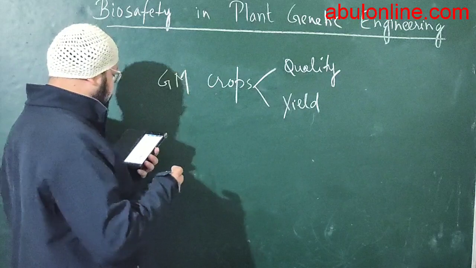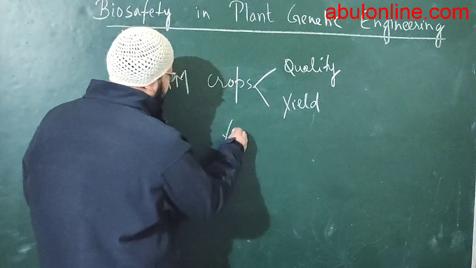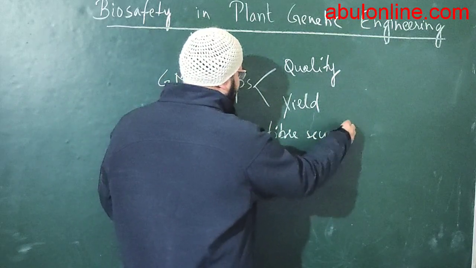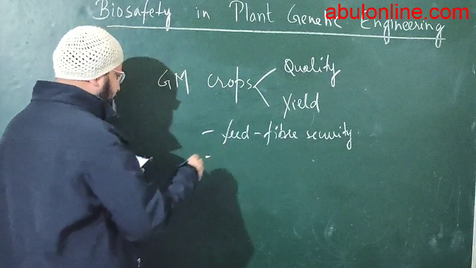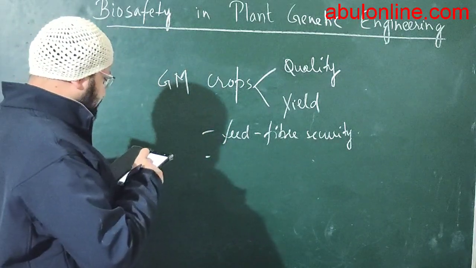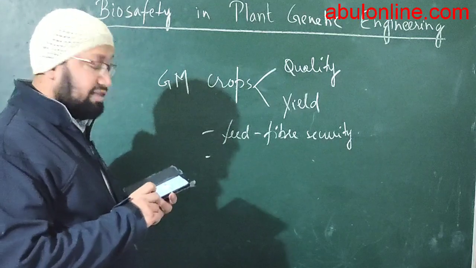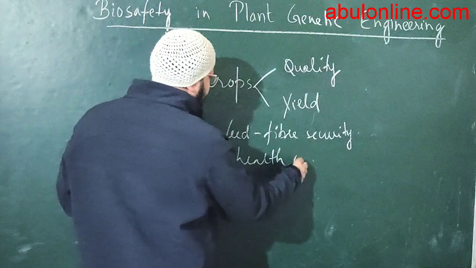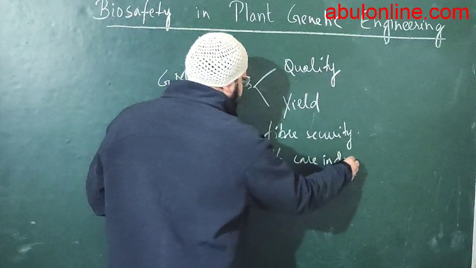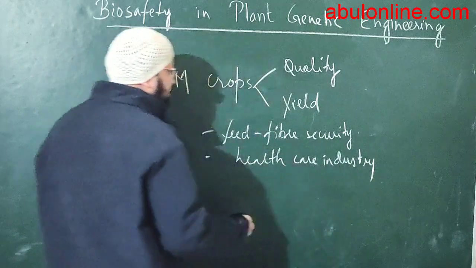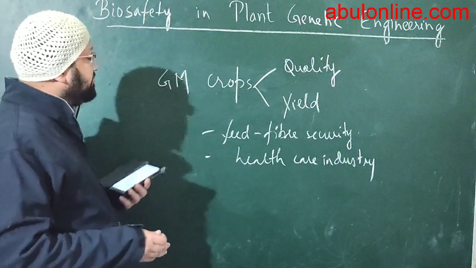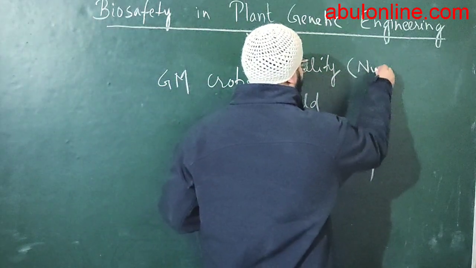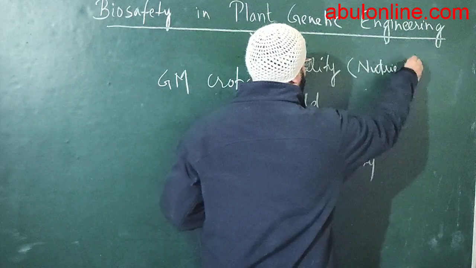And as we know, food and fiber security is also a very important benefit of plant genetic engineering and plant tissue culture techniques, and of the healthcare industry. Not only this, we can improve the quality, for example nutrient quality, such as vitamin A and iron.